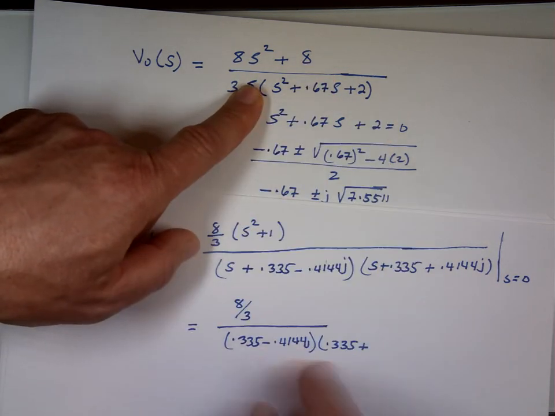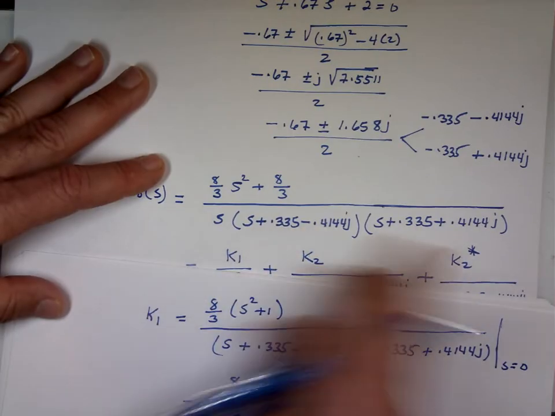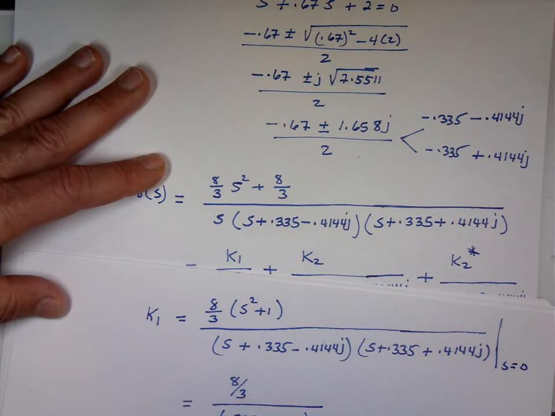So if I factor this correctly, it doesn't seem like I factored it correctly. Because this piece here is that piece, right?